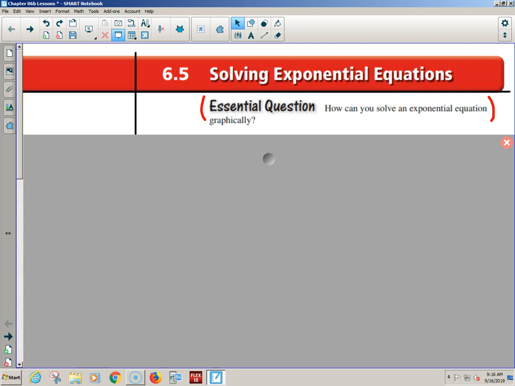The reason why we were doing a warm-up with so many equations that we needed to solve is because, check out the title. What do you see? Okay. We're going to be solving equations, but what kind? It is still chapter 6. We're still dealing with that x up in that exponent, like decay and like growth.